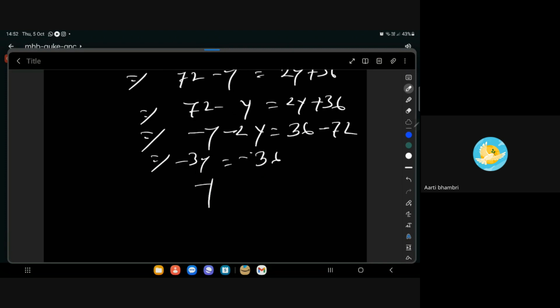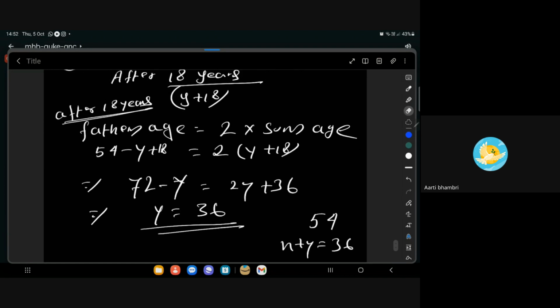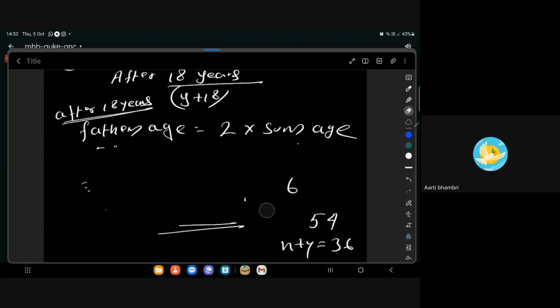So y is 12 years. y equal to 12 years. My first calculation was wrong then. So for x plus y, in that calculation I had made some mistake. Okay, ignore that calculation.